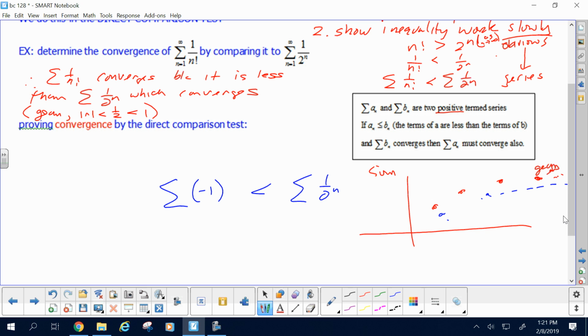Isn't every one of those terms less than 1 over 2 to the n? And yet, is this finite? If I add infinitely many negative terms, is it converging? So it's got to be the fact that it's a positive term series, to make sure that it's not infinitely negative. You with me? All right.